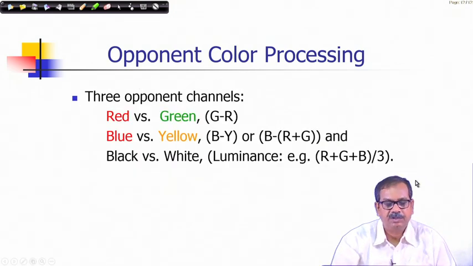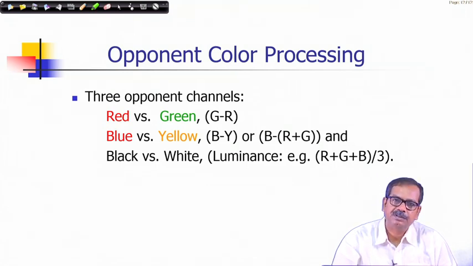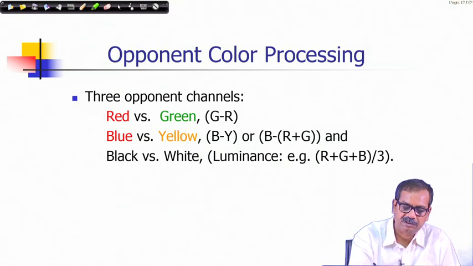We have three opponent channels: red versus green is represented as G minus R, and blue versus yellow is represented as B minus Y, where Y is yellow, an additive composition of red and green, or R plus G. Whereas luminance, black versus white, is R plus G plus B by 3.